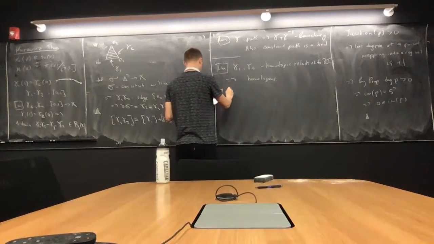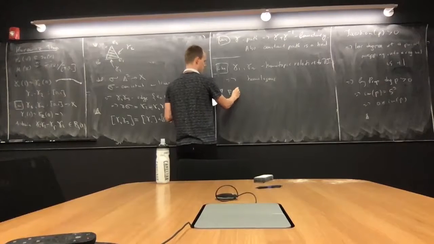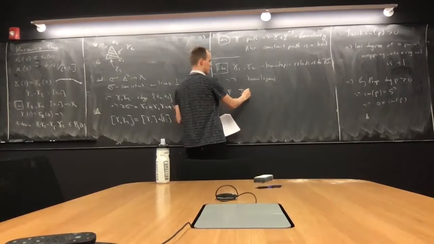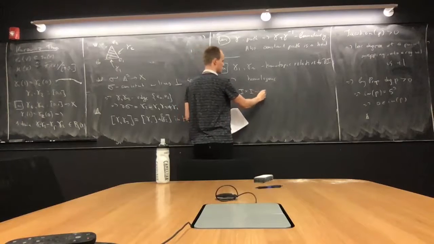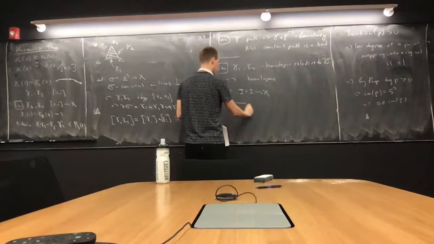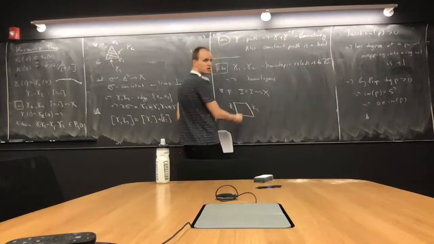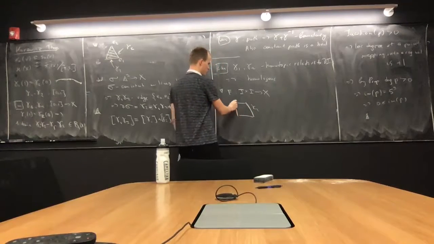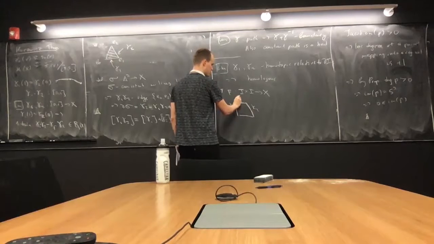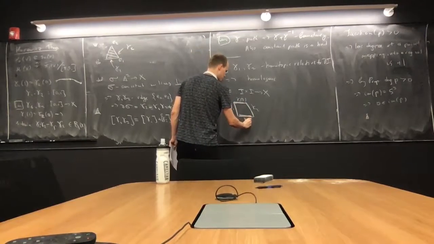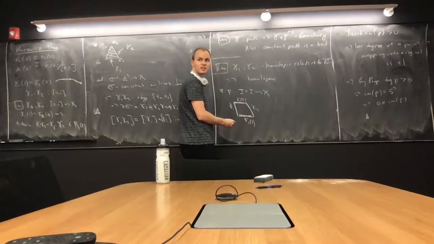The proof, again, is simple, because F is a homotopy between paths, which means that it's a map from the square into X, right? Such that on two sides of the square, there's gamma 1, gamma 2. But all of this gets mapped into gamma 1 and 0, and all of that gets mapped into gamma 1 and 1, right?